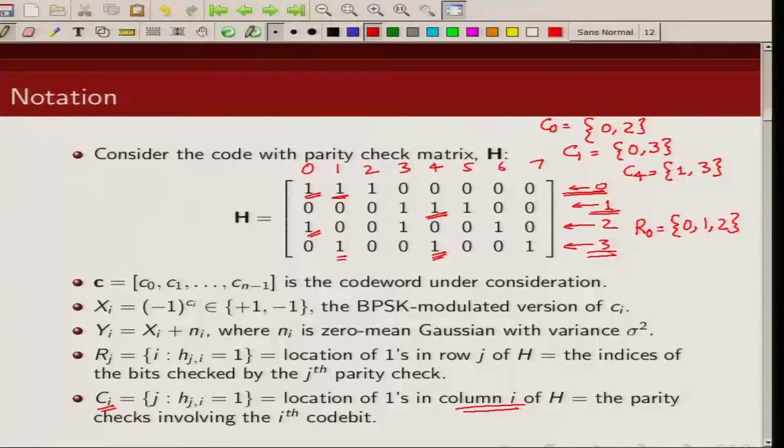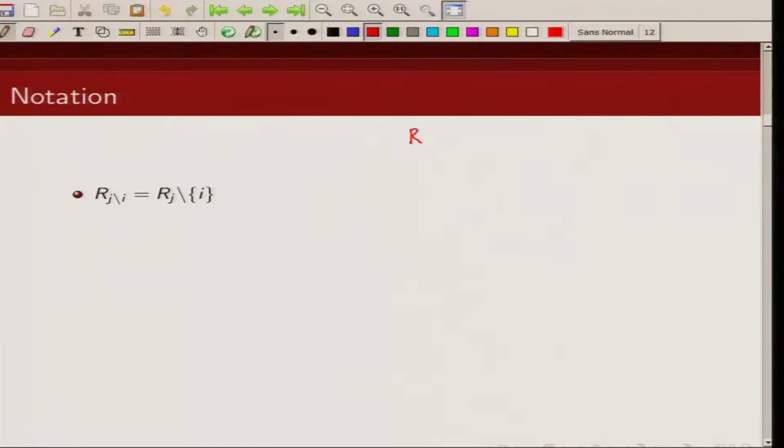If I define R0 slash 0, then, because R0 is 0, 1, 2, R0 minus 0 will have 1 and 2. Similarly, R0 minus 1 will be the set containing 0 and 2, and R0 minus 2 will be the set containing 0 and 1.